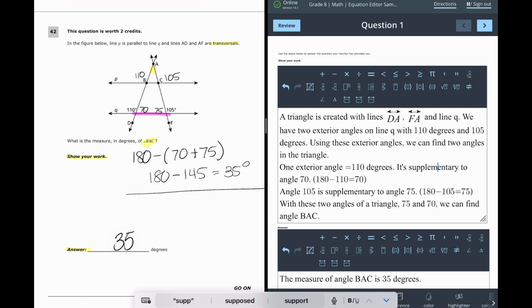It's supplementary to a 70 degree angle. I think that's more clear. One exterior angle is equal to 110 degrees. It's supplementary to a 70 degree angle. 180 minus 110 is 70.